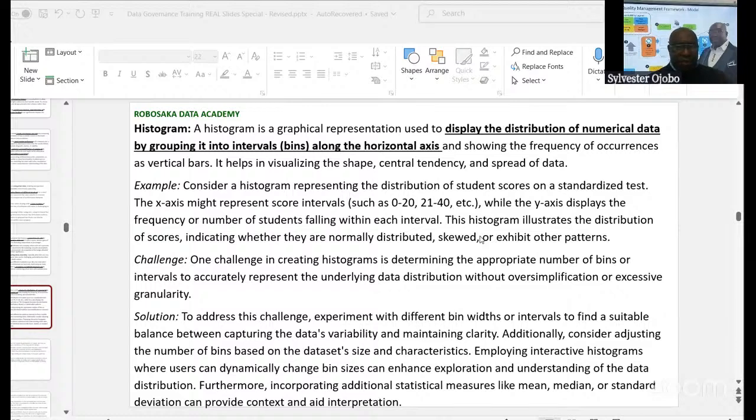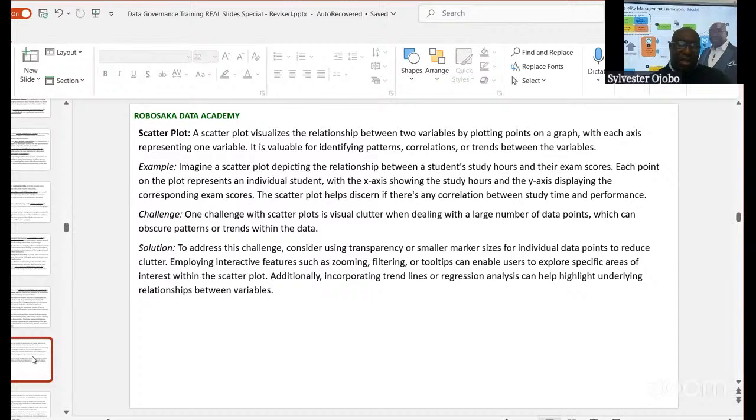Okay, very important. They have the same thing, but in this case, we're talking about numerical data. So we're not talking about just categories. We're talking about numerical data. A histogram will be very, very good. So if you do statistics, it's very easy for you to understand that.